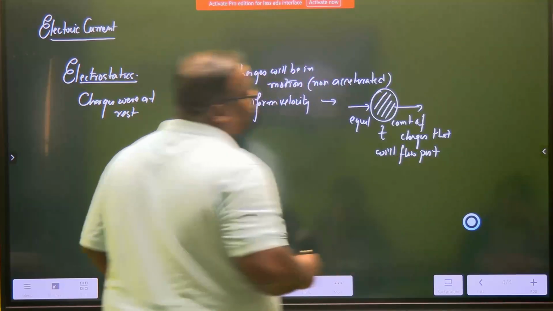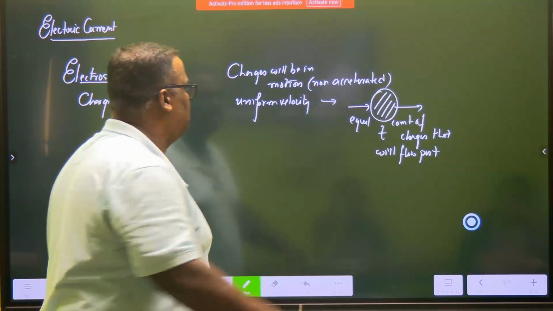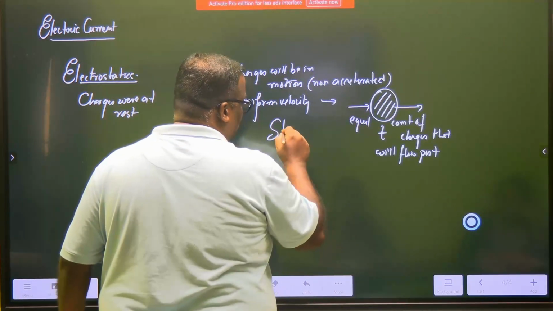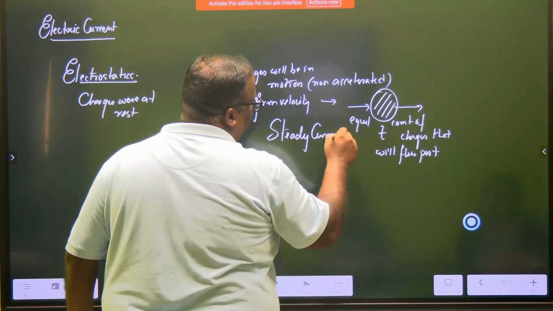No matter whatever is the time, an equal amount of charge will flow past, and this will give rise to something which is known as a steady current. Our study will be more in terms of steady current.